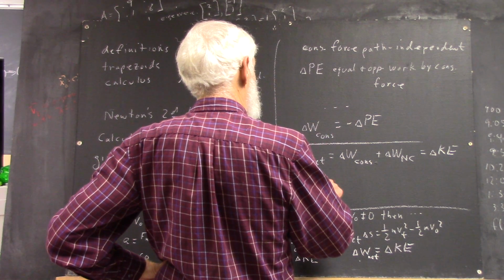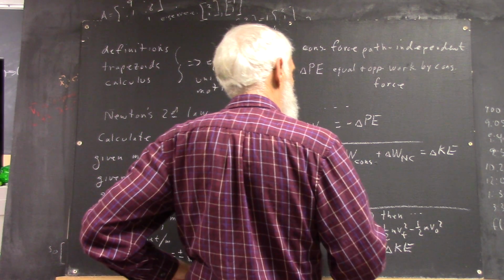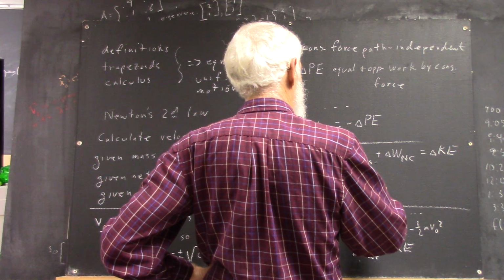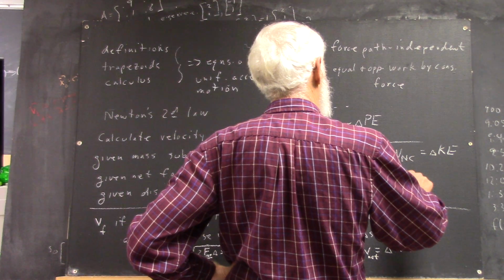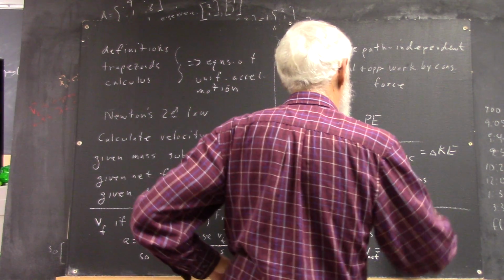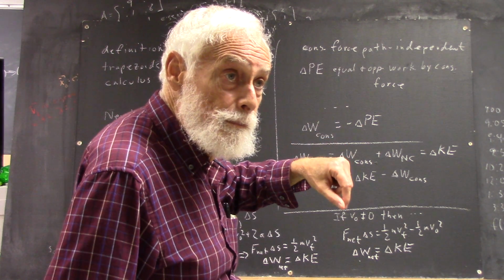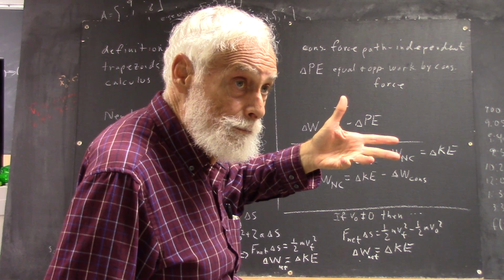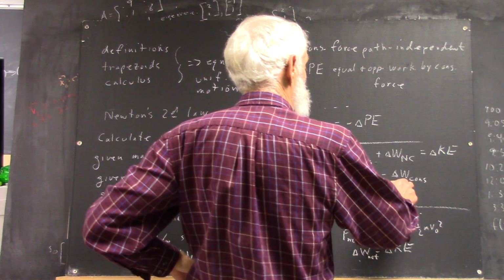That means the work done by the non-conservative forces is equal to what? The change in the kinetic energy minus the work done by the conservative force, or conservative component, conservative forces, right? Make sense? And, of course, what's this?